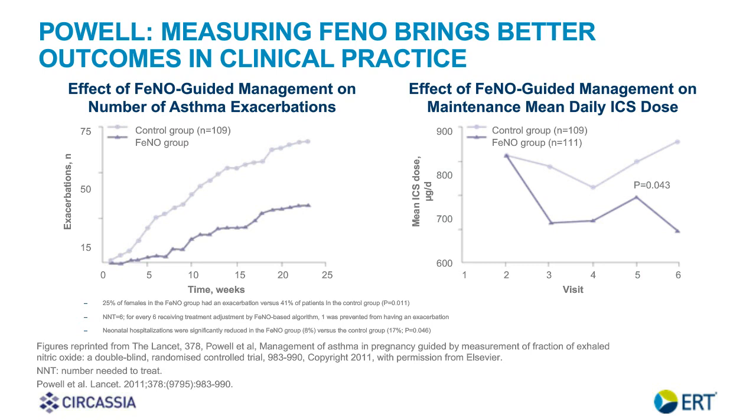This is an important number that many of you are probably familiar with from a managed market perspective. They want to see how this relates to the number needed to treat. And another important outcome was that neonatal hospitalizations were significantly reduced in the FeNO group, at 8%, versus the control group, at 17%.